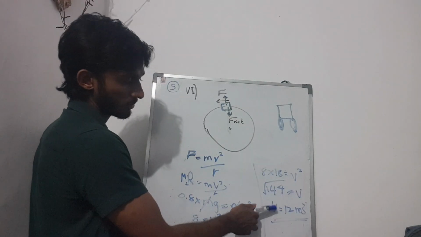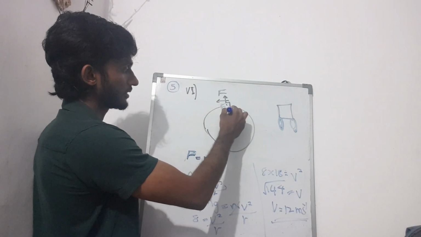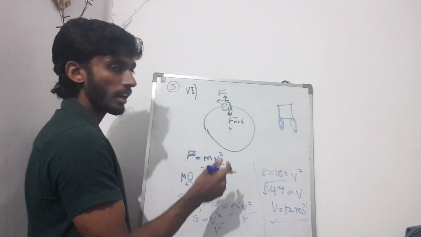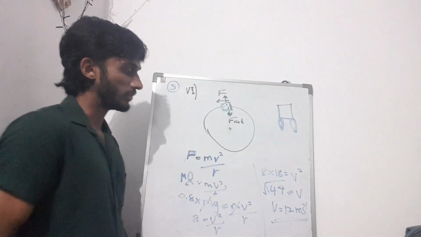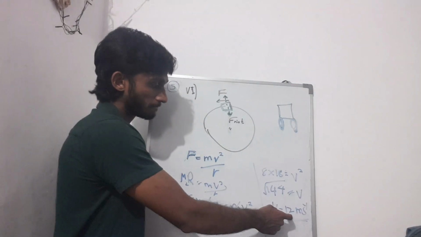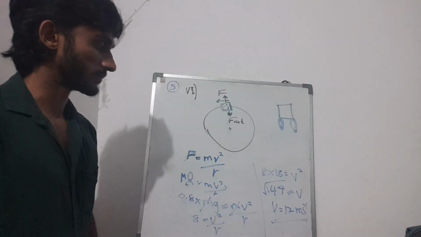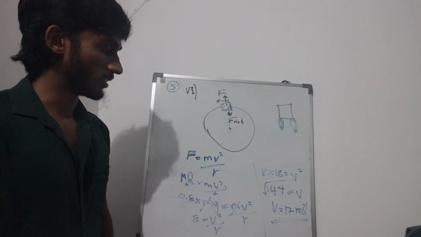That's the maximum speed the vehicle can take on the circular path. If the vehicle reaches 12, then the vehicle reaches the maximum.